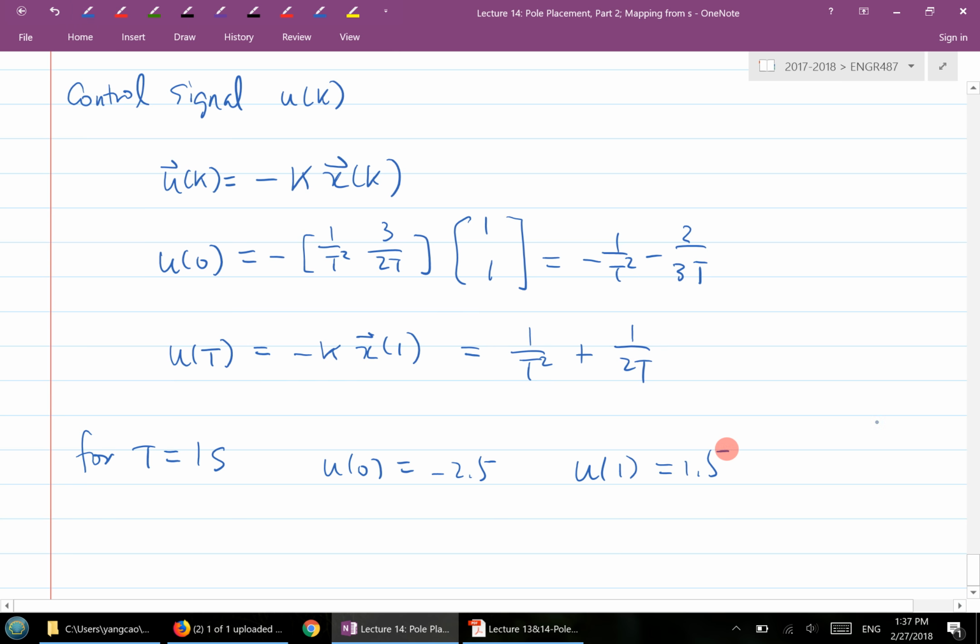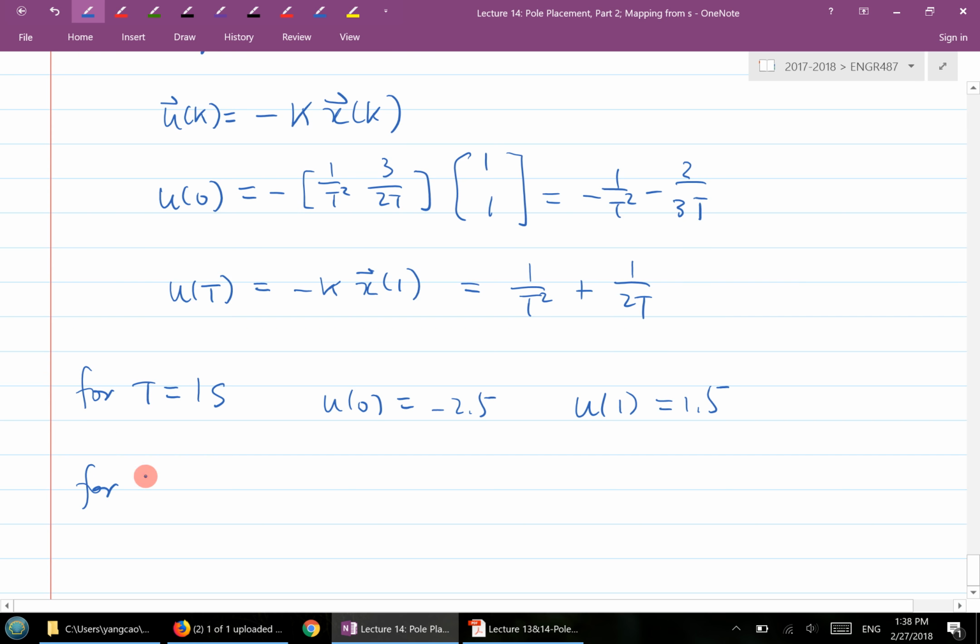If you try a smaller sampling time, let's say 0.1 seconds, then because of the 1 divided by t squared, u of 0 becomes negative 115, and u of 1 becomes 105 here.